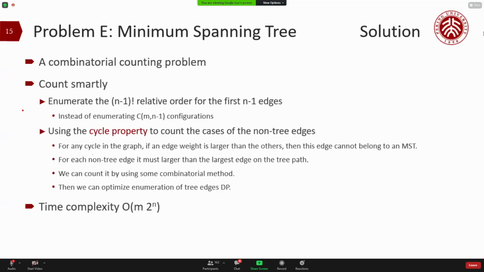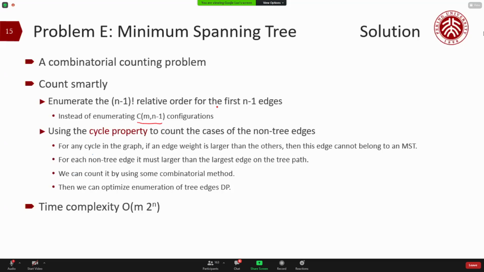Instead of enumerating all the configurations of the weights for the first n-1 edges, which is a combinatorial number, we only need to enumerate the factorial of n-1, that is, the relative order for the first n-1 edges.